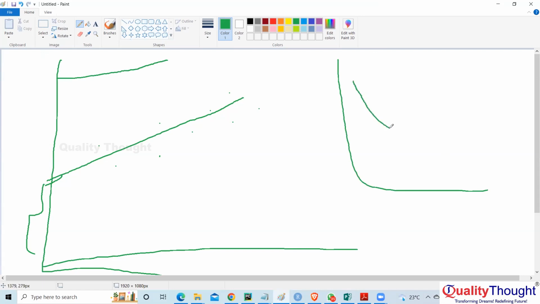Then it will start and go down. That means somewhere here there is a perfect value for the slope and the constant C. So it will move faster initially.